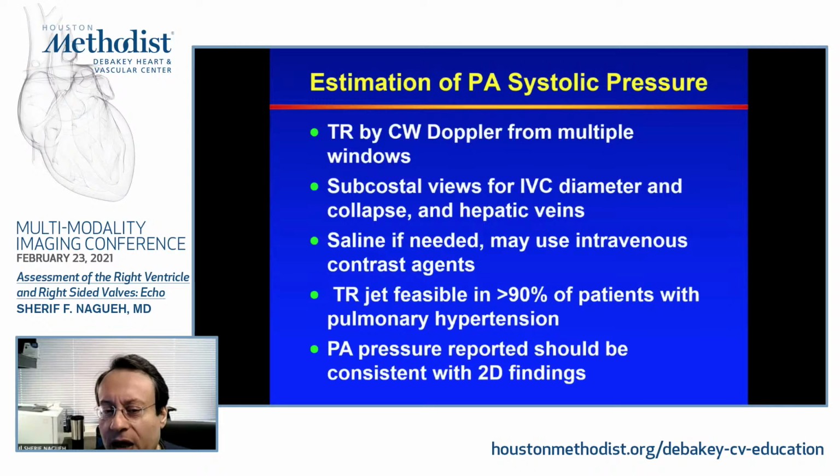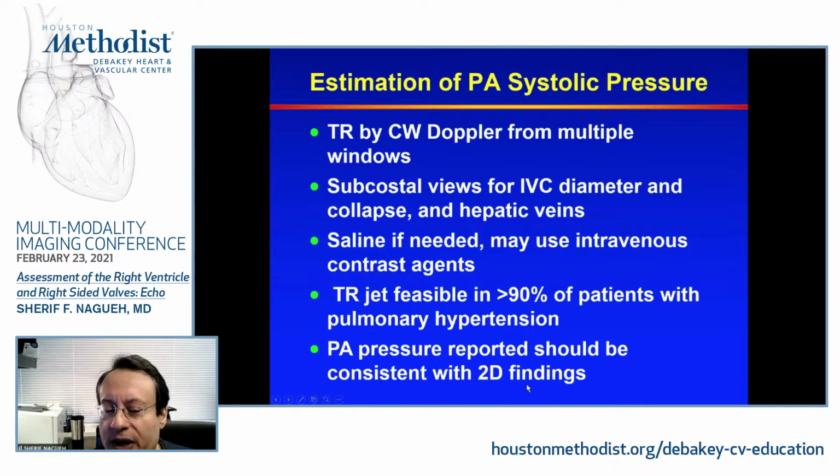Also, if you give an ultrasound enhancing agent to better visualize the RV endocardium, you should go back and look at the TR velocity to look at the peak value. The good news is that in more than 90% of the patients with actual pulmonary hypertension, it is feasible to get a complete TR jet.